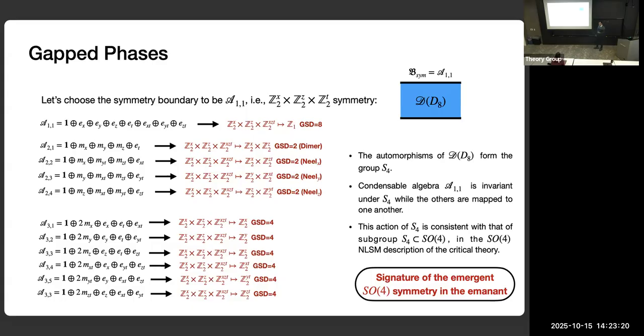Therefore, somehow, even though I only input this symmetry, which came from some SO3 and translation, the symTO has a signature of the emergent S4, which was really emergent. It was not some exact lattice symmetry. But it does not have the full thing, of course. It only has some subgroup.